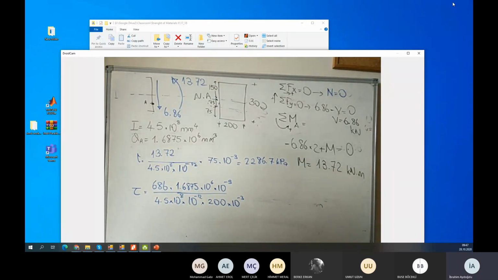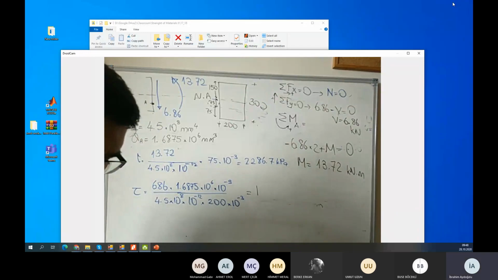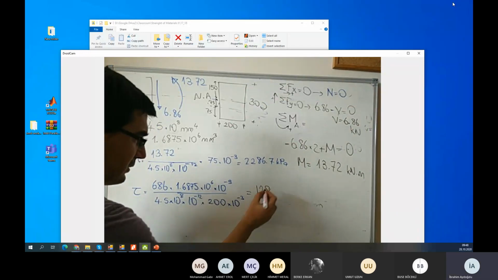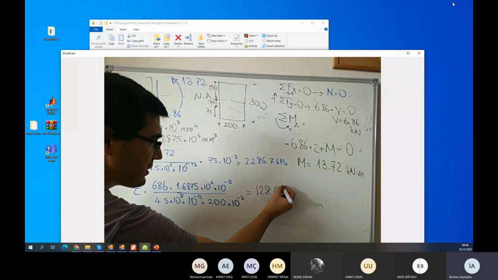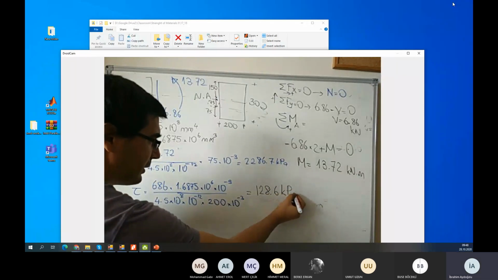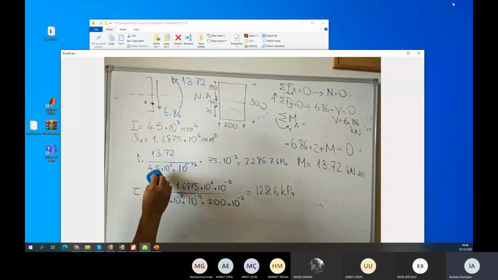After this calculation, I get 128.6 kilopascal. Okay, very well. So I calculated sigma and tau values, and step 2 is finished.